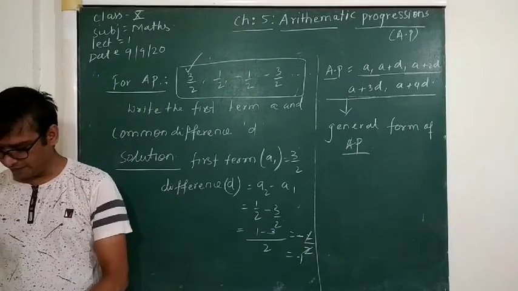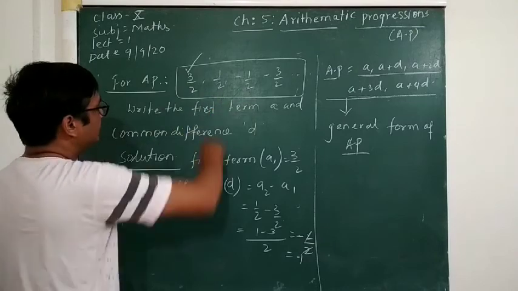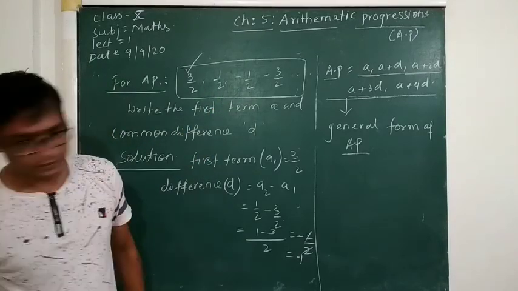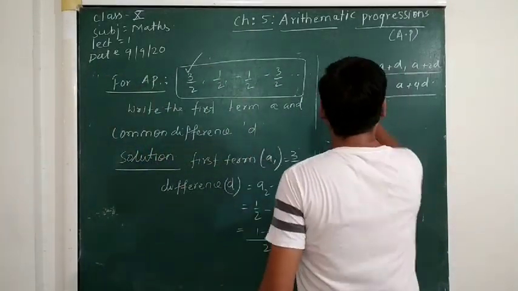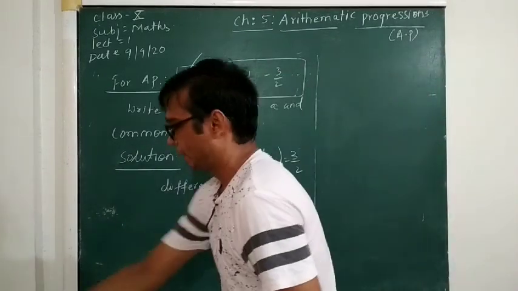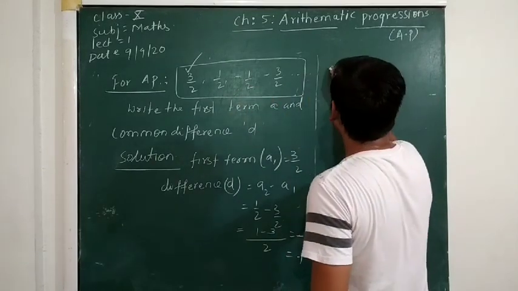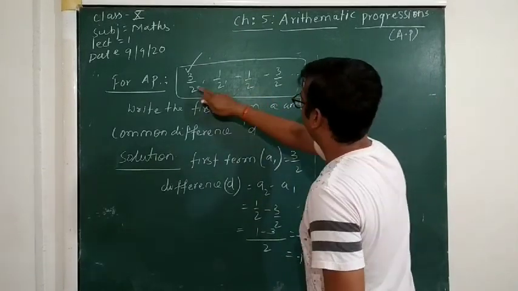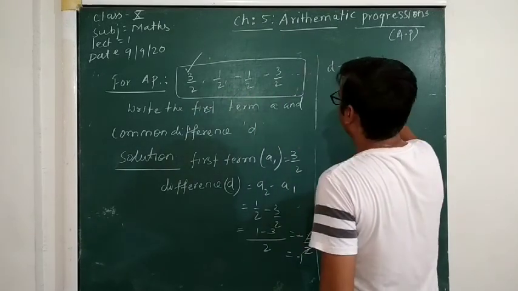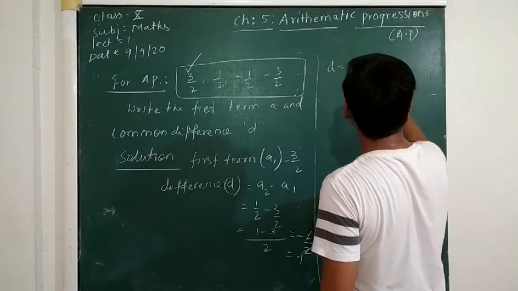In a similar way we can find it for any term. You can take any term; the difference would be the same or not, just find out. So for the difference, suppose we are taking these terms. So d is equal to the third term minus the second term, A3 minus A2.